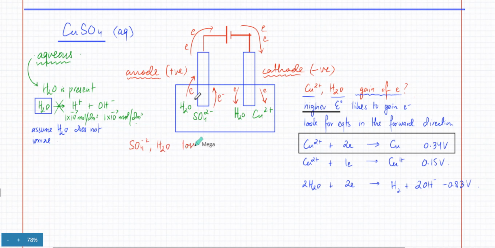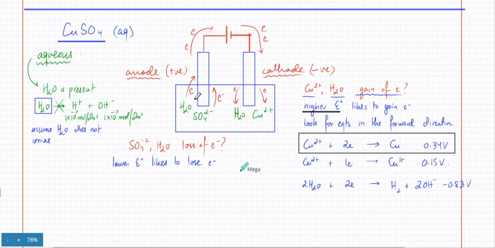So who's going to be the one that's going to lose electrons? And based on our electrode potential understanding, it's always the lower potential, the one with the lower E naught. Lower E naught likes to lose electrons.